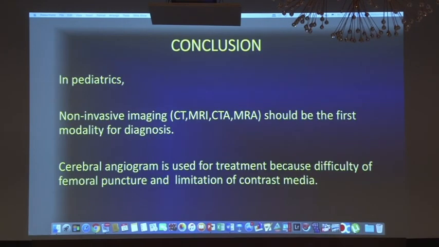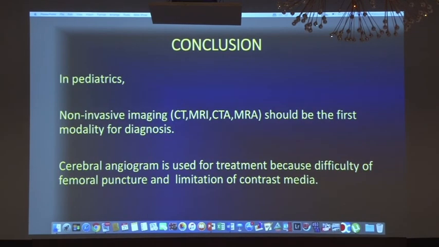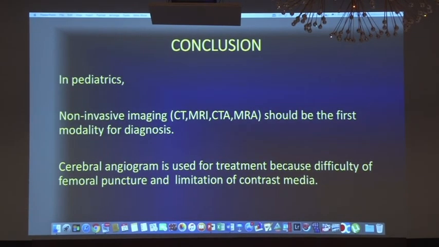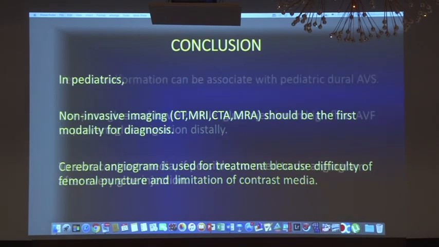For the conclusion, in pediatric vascular disease, I think non-invasive imaging should be the first modality for diagnosis. Cerebral angiogram is used for treatment because of the difficulty of femoral punctures and the limitation of contrast media.